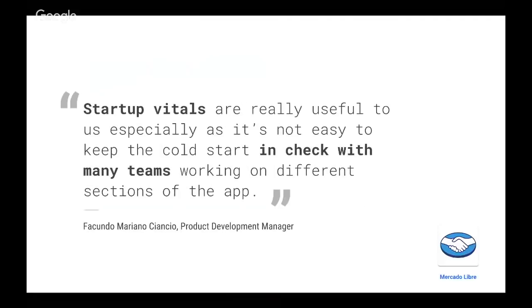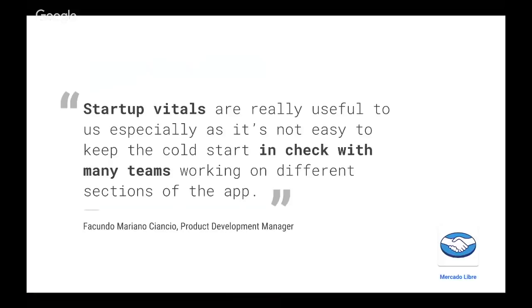Another quote we got from the Mercado Libre team is that when they were working as a large organization where they have many, many different teams working on the same application, it was very useful for them to use Vitals to identify when a regression occurred in the application.